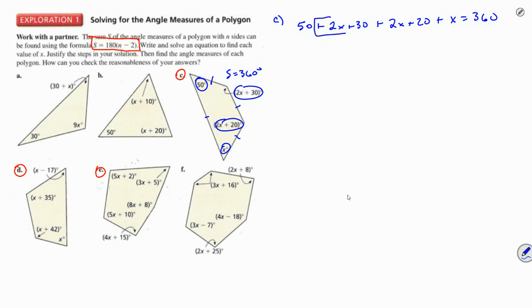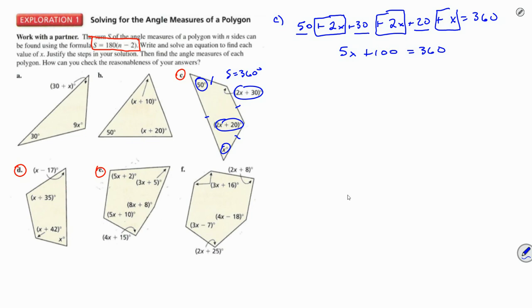We're going to combine like terms that have the same variable and the same exponent. So you'll see that I consider all these x's the same. I'm not doing any inverse operations because I'm not crossing the equal sign. 2x plus 2x is 4x plus x is 5x. Then 50, 30, and 20 make 100 equals 360.